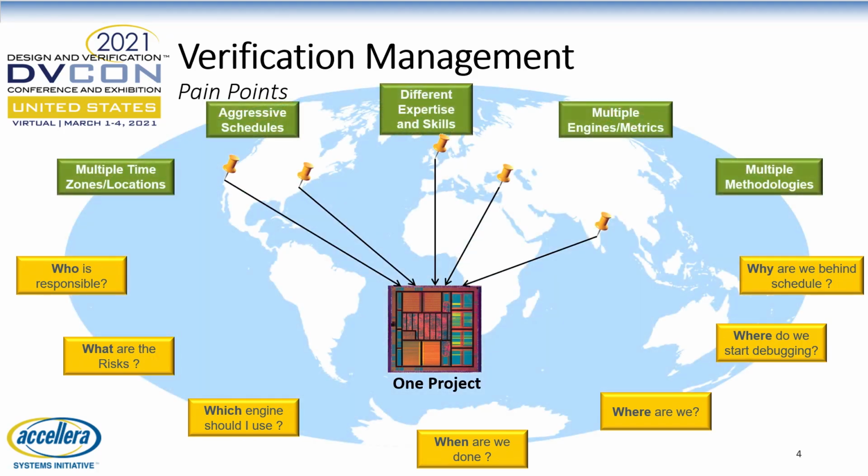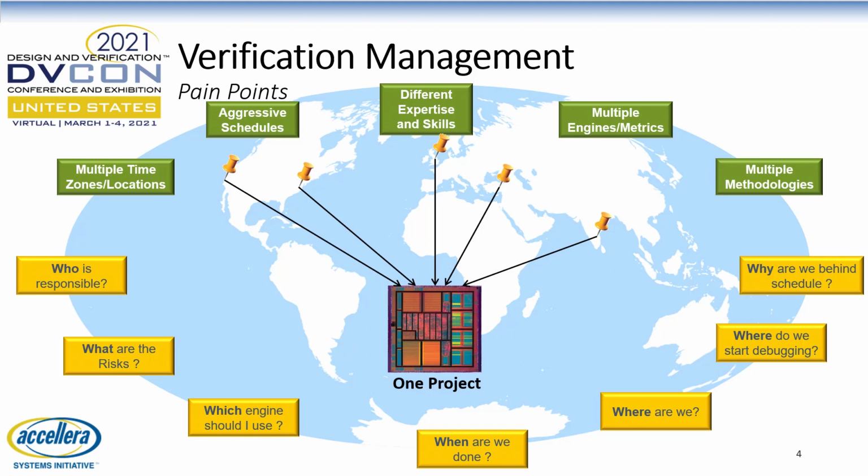But on top of that, we've got more challenges than ever. Most of us are working with colleagues across the globe, so we have to manage across multiple time zones. And with COVID, even our office mates are remote these days, often with people who have different skills and expertise, and who maybe are used to different methodologies or have access to multiple engines.